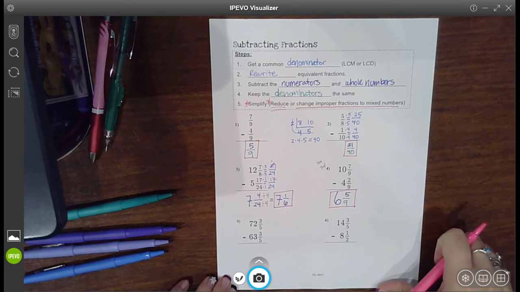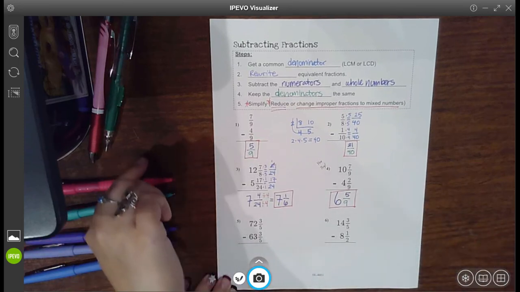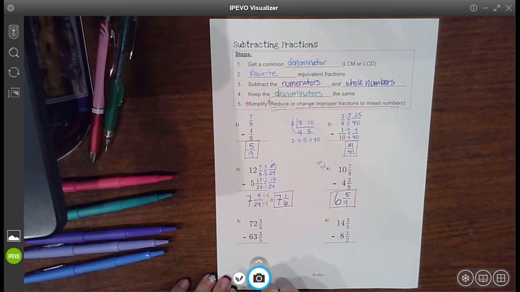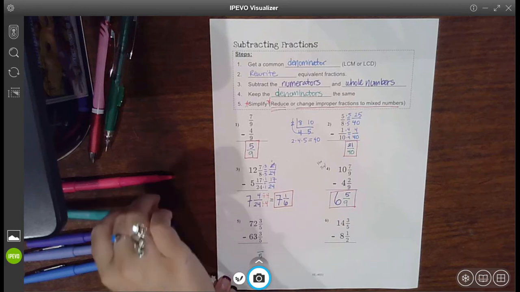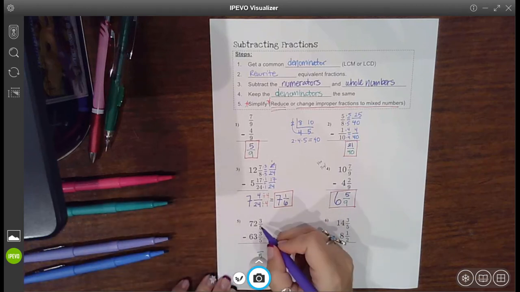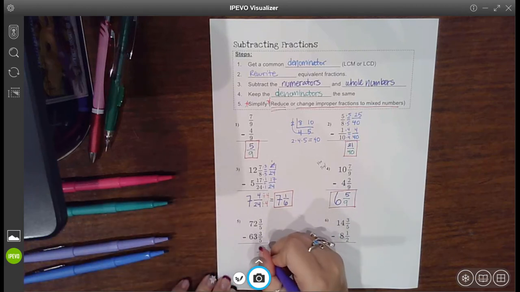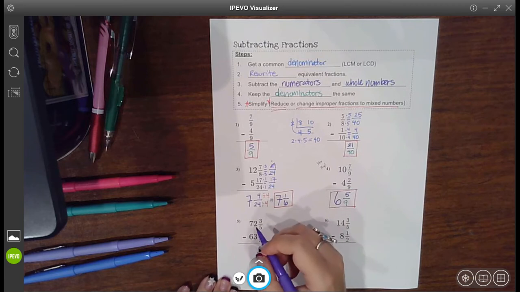Okay, for the next one, and of course, even though I said pause it last time, you can always pause it at any point in time, try it yourself, and then come back and join us. Okay, these have common denominators already, so let's keep the denominator of 5. Then when you go to subtract your numerators, 3 minus 3 is 0. We'll talk about what that means in a second.